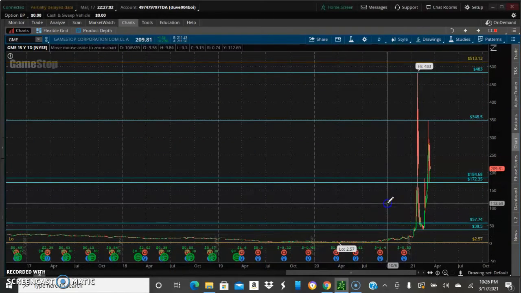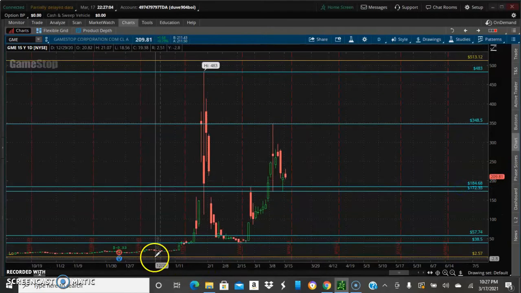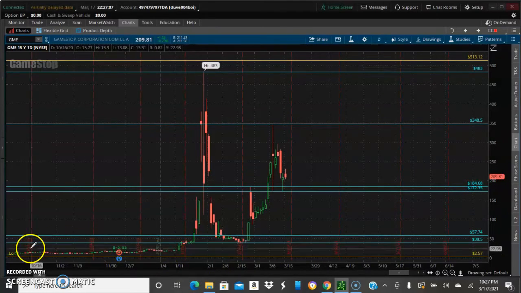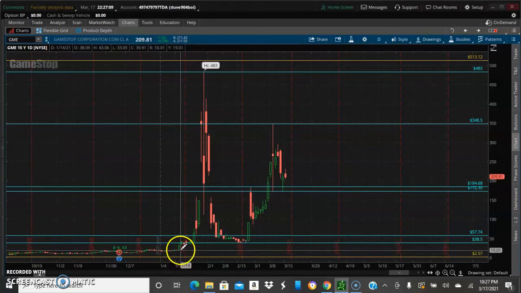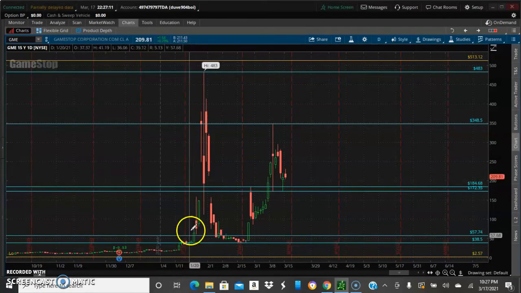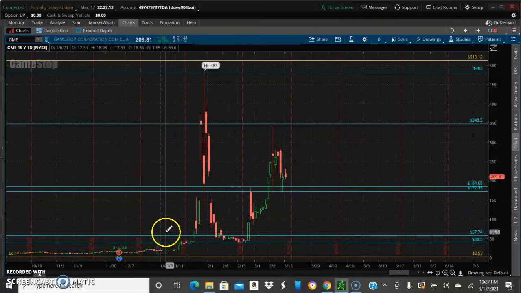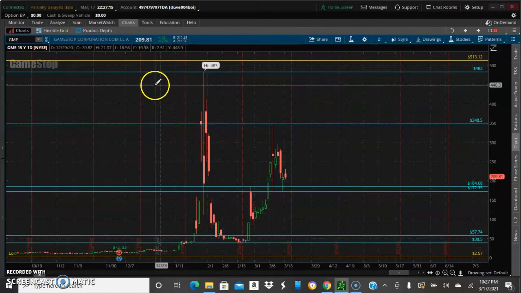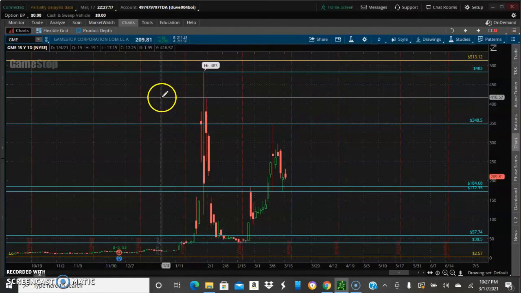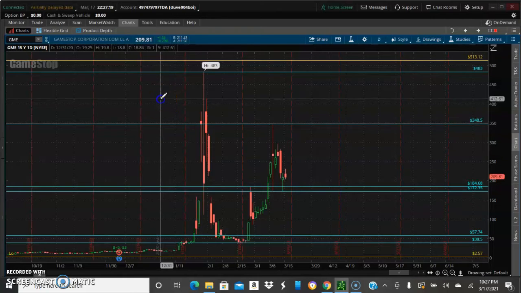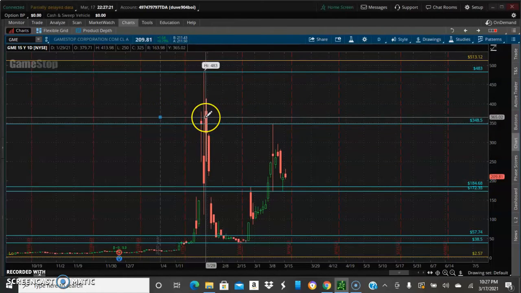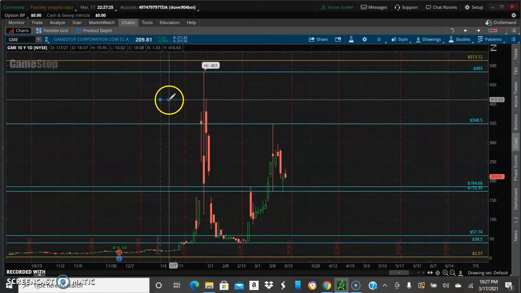Ever since the beginning of the year, this volatility has been crazy. It was nothing all year long. That's why the guys were mad. They thought it was going out of business. We got this here. That price is $413.98.